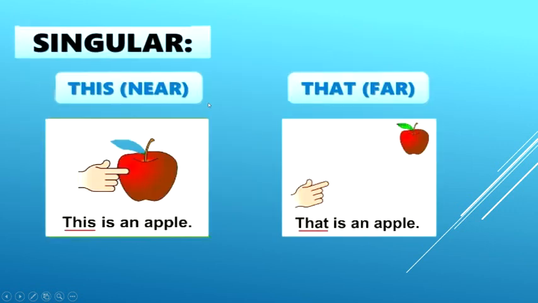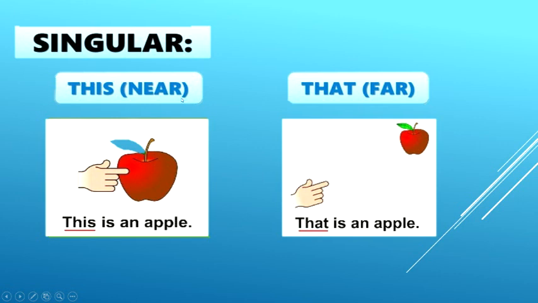Students, when you want to point out any object which is singular, then we use the word this or that. Now, what is the difference in using them? This word is used when we point out any object or any person which is near to us.